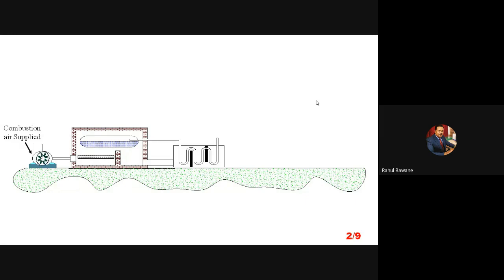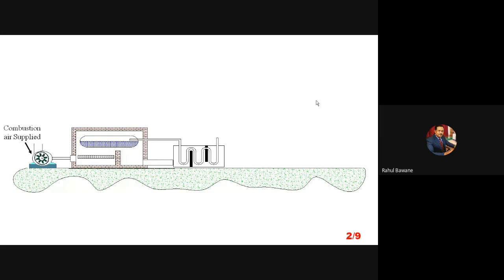Suppose room temperature is 30 degrees, so we have to supply heat to first raise its temperature up to 100. From 30 to 100, it is acquiring what we can call sensible heat, due to which its temperature changes. After 100, whatever heat is supplied is utilized to generate steam.